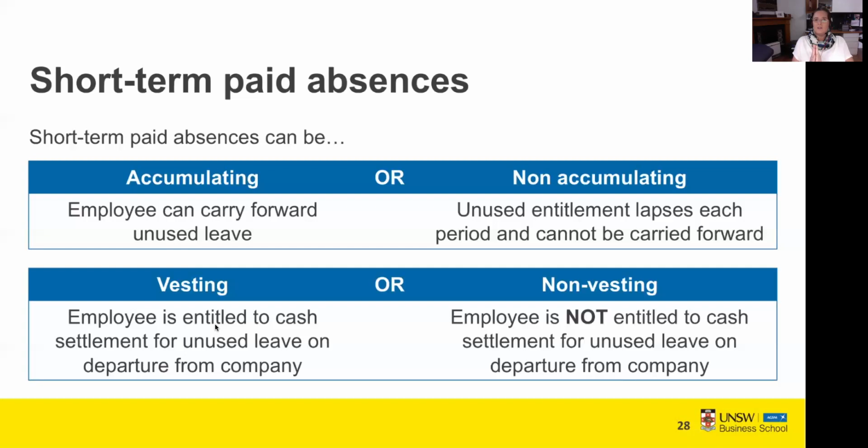If, however, the leave is non-vesting, it means that if I have any amounts owing to me, but I decide to leave to go and work somewhere else, those unpaid amounts will not be paid to me. So if it's non-vesting, it means I can use it, but I can't actually get it paid out to me in a lump sum, for example.